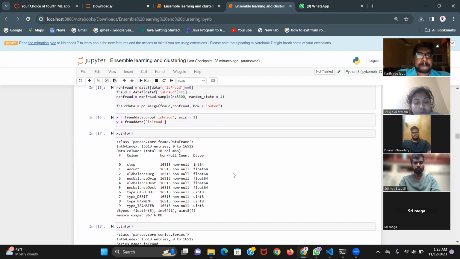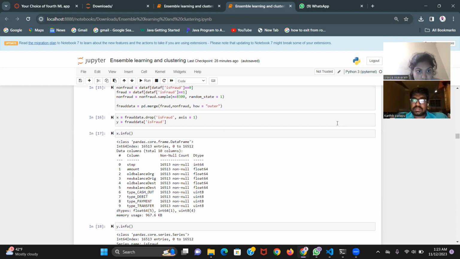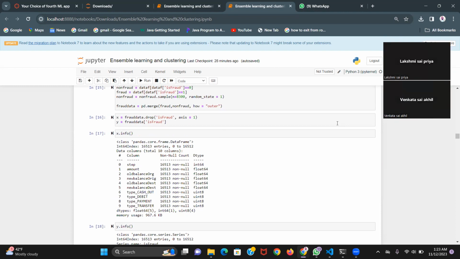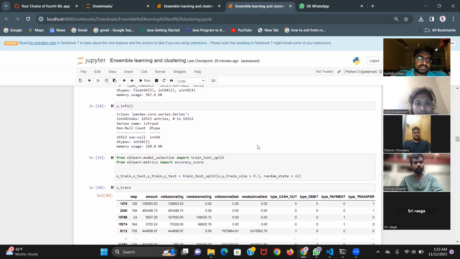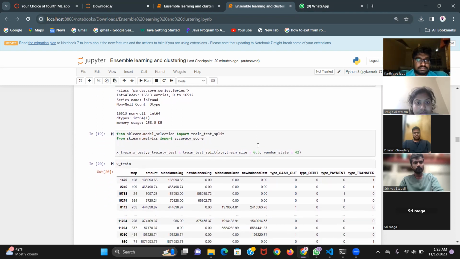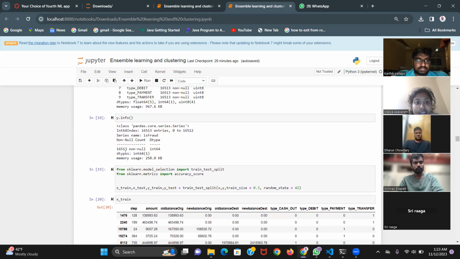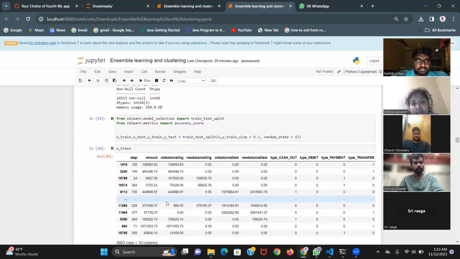X.info: here we can see all the information of the data set, the columns and the count and the data type, and the Y information of the isFraud data. We are splitting into training and testing sets of the X and Y data sets.